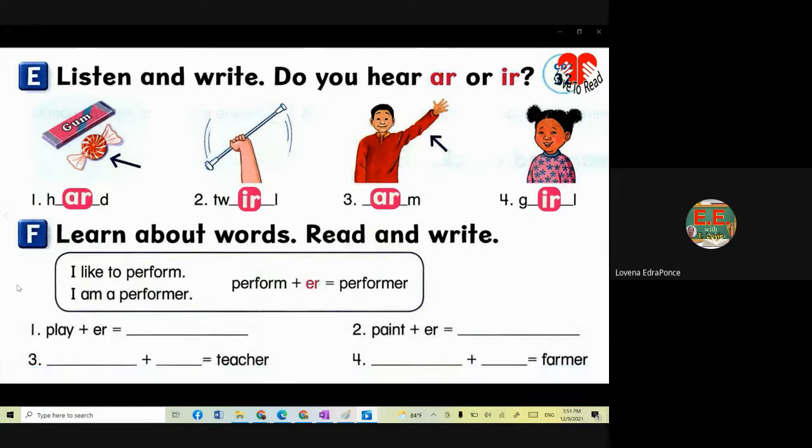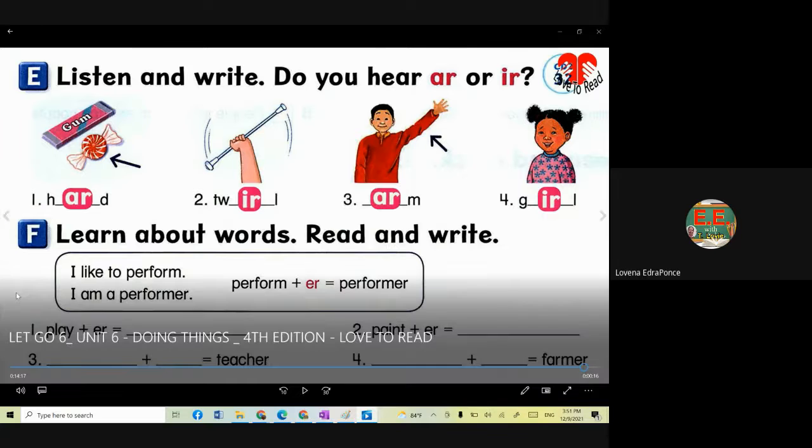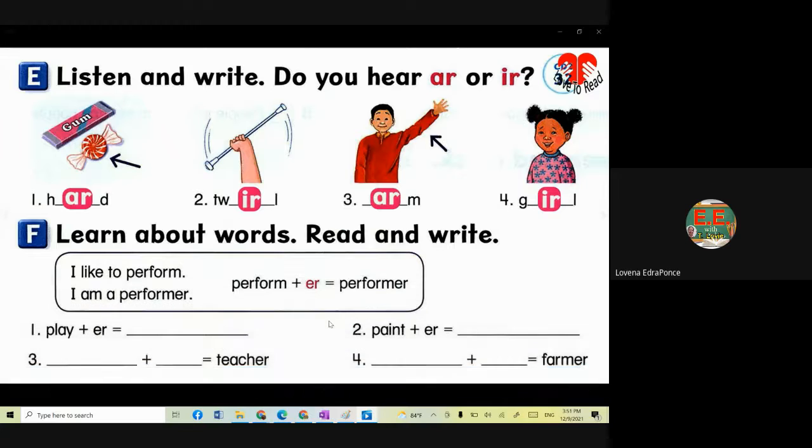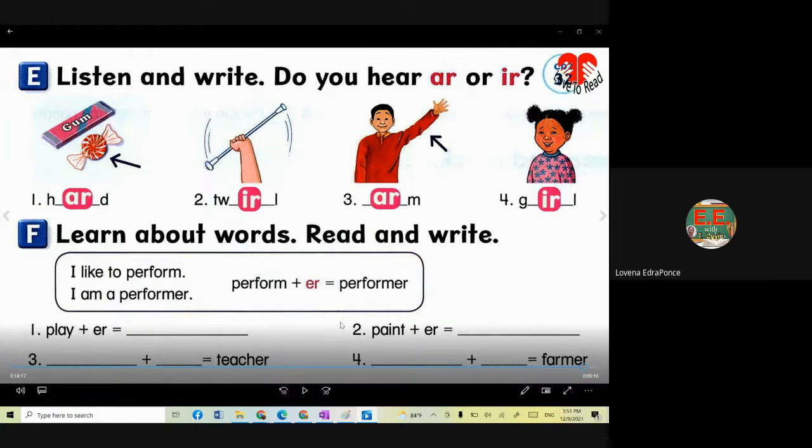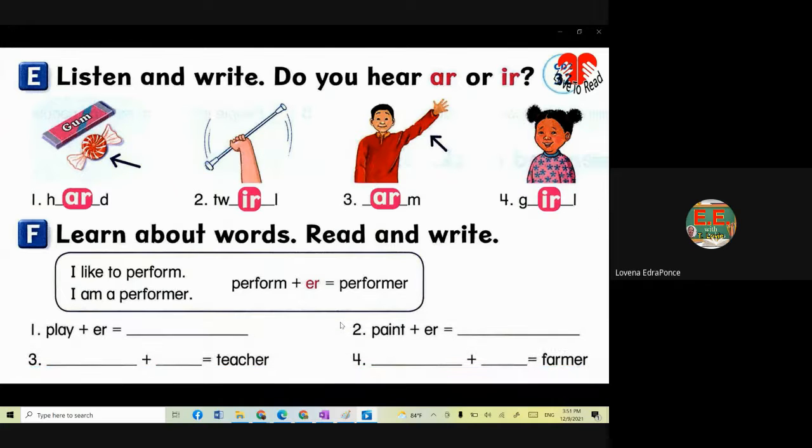So teacher, the root word is teach plus ER, teacher. Number 2, paint. The action word is paint plus ER, that is painter. Painter is the person who is doing the action, paint.